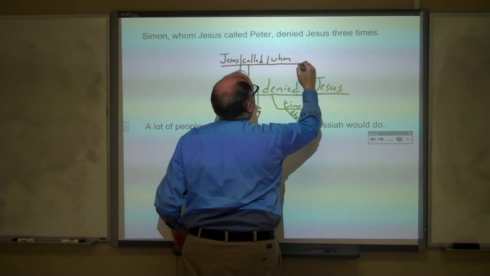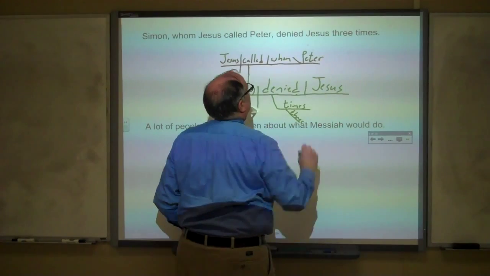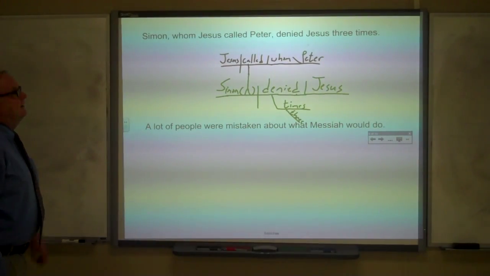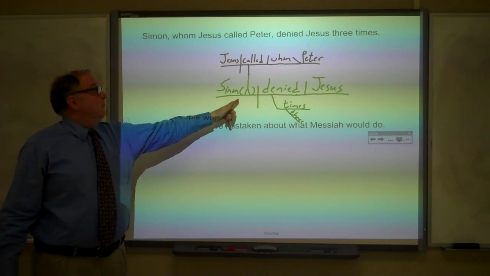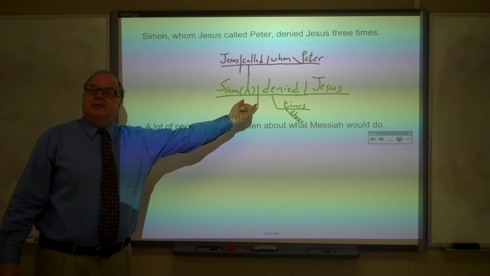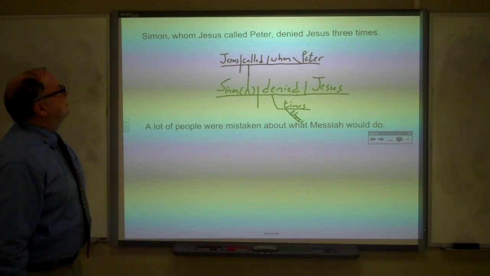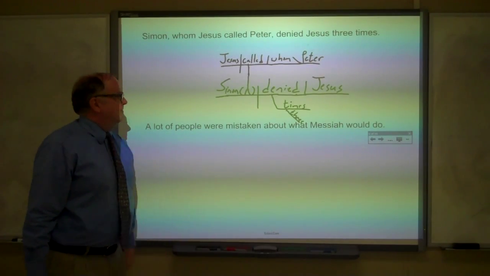And then Peter is the object complement. So see this? If there's an appositive, put the noun stand between the parentheses of the appositive, and that shows us that this noun clause is the appositive.